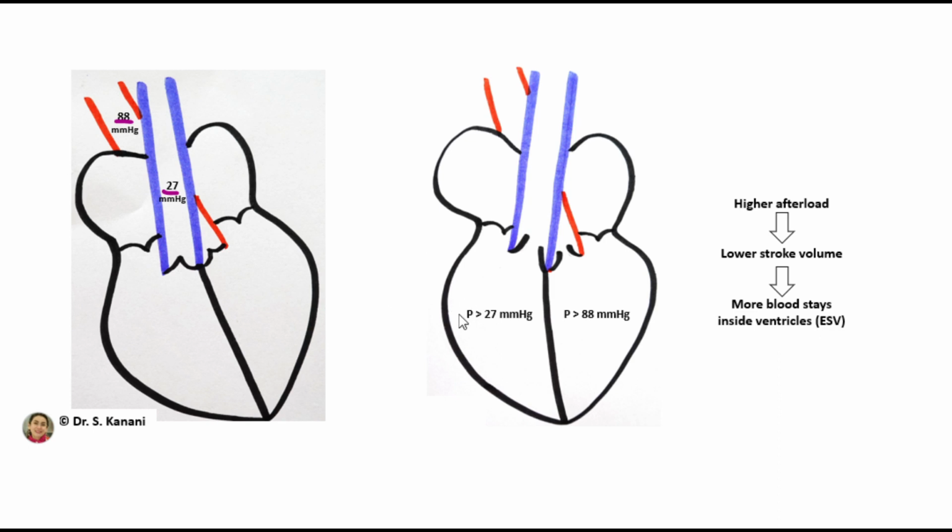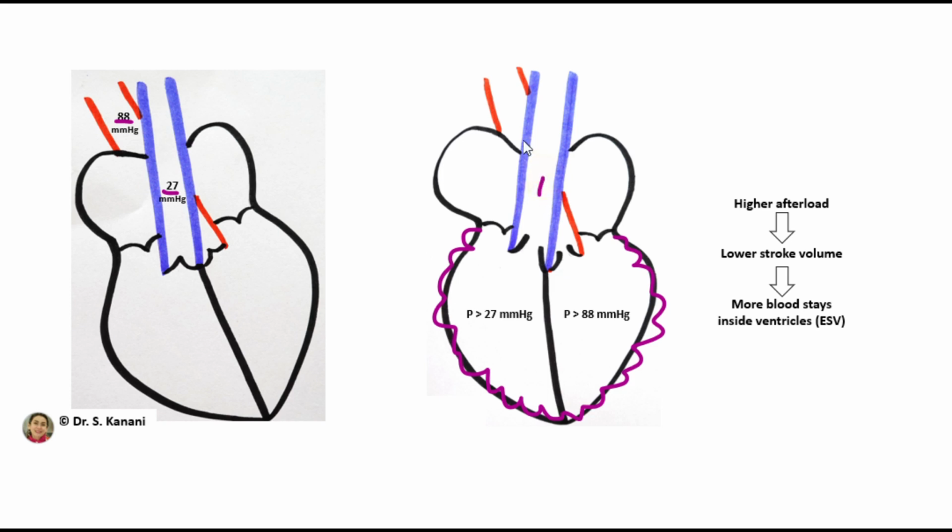So if you think about this scenario, ventricles contract, and the force that they generate first has to be used to open the semilunar valve, and then the rest of the force that they generate is used to pump blood out.